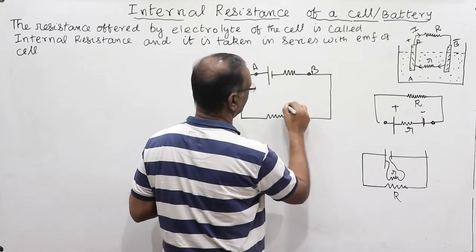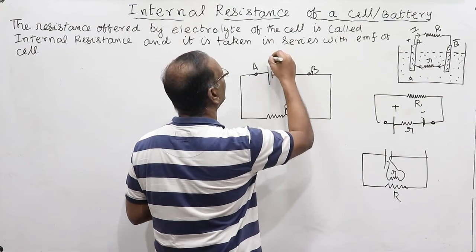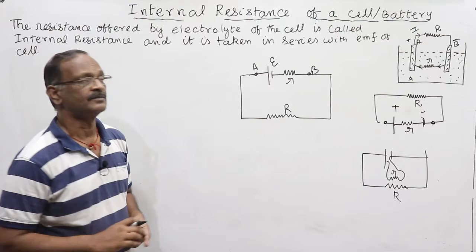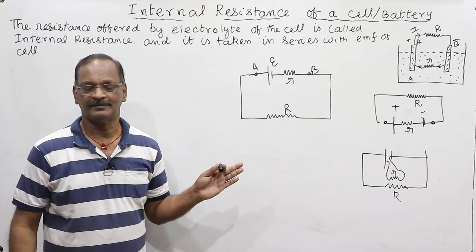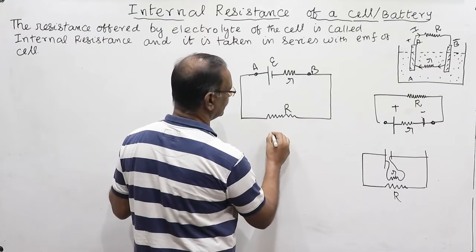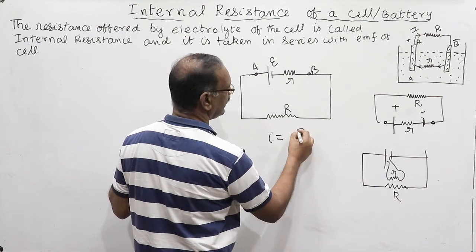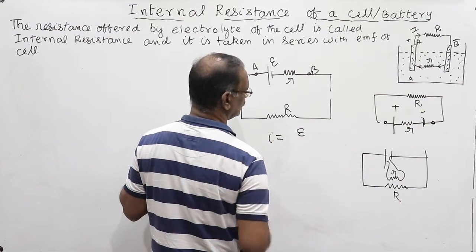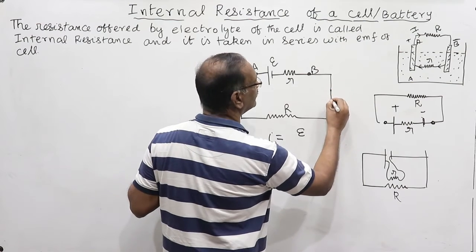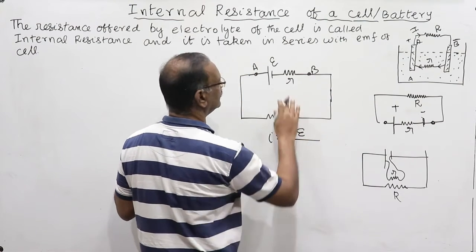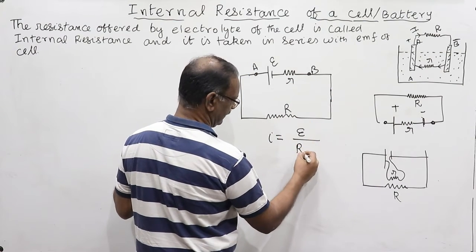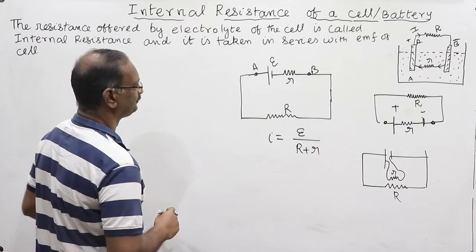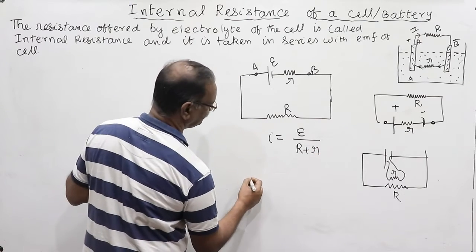This is the circuit diagram, with R and EMF. What is the current flowing through the circuit? I is equal to the total EMF divided by the total resistance, since these are in series, R plus r. This is the current flowing through the circuit. Now let us see about this point.